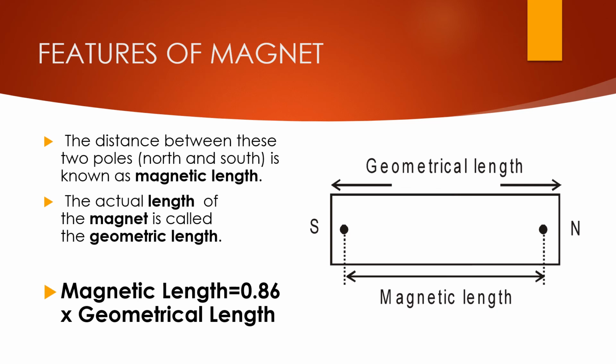The actual length of the magnet is called geometric length. So geometric length is always bigger than the magnetic length. Magnetic length is equal to 0.86 times the geometrical length.